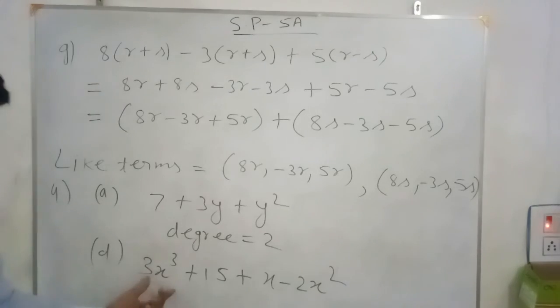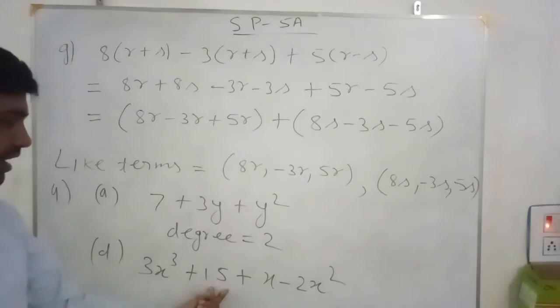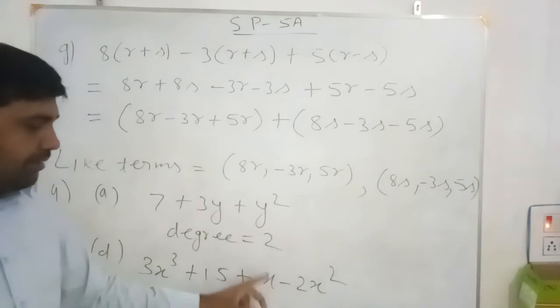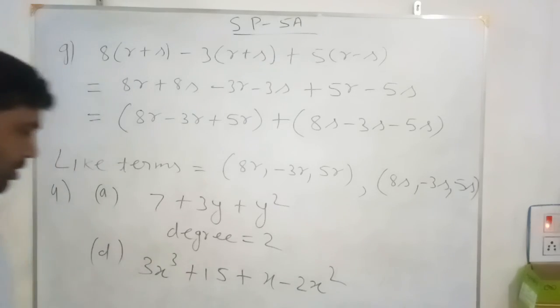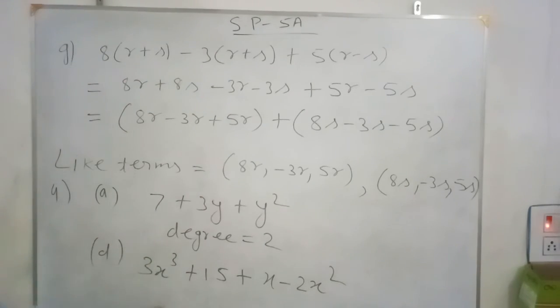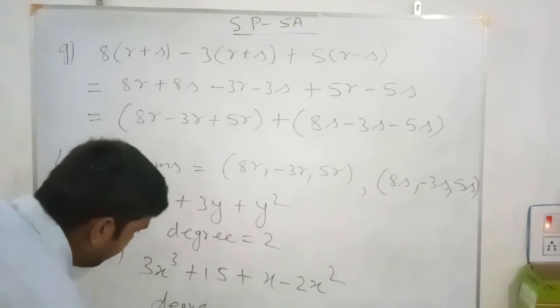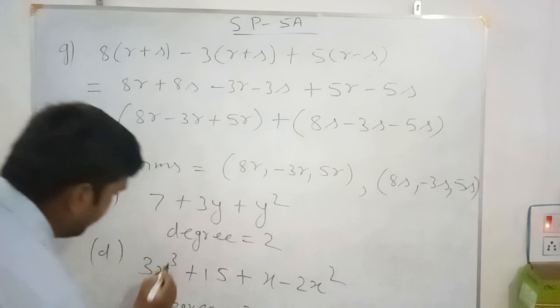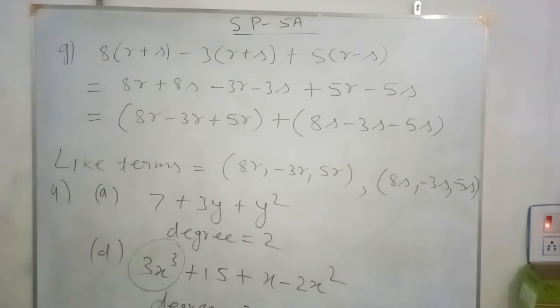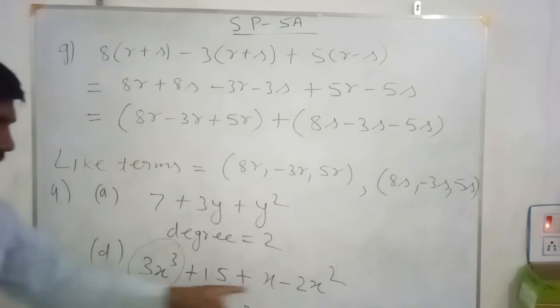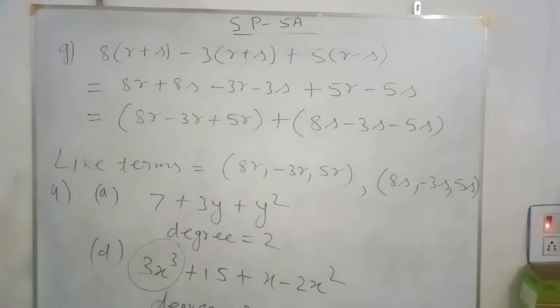Now the degree of this term is 3, the degree of this term is 0, the degree of this term is 1, and the degree of this term is 2. So the maximum degree is of the term 3x cube, that is 3. So the degree of this polynomial will be 3, because the first term's variable has the maximum power 3. So that will be the degree of the polynomial, degree equals 3.